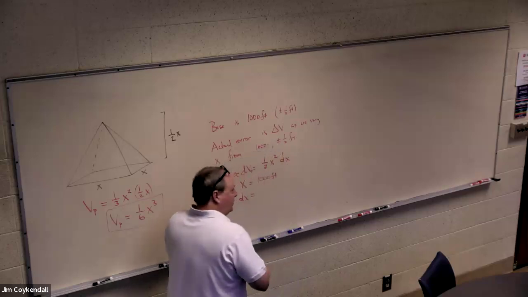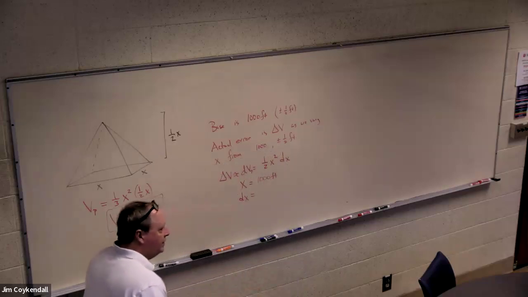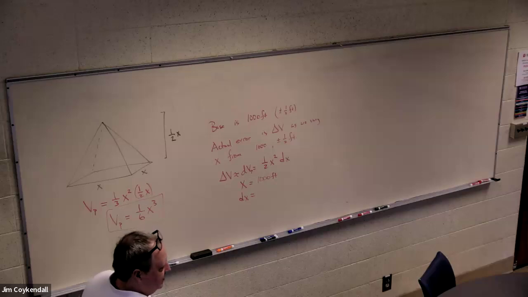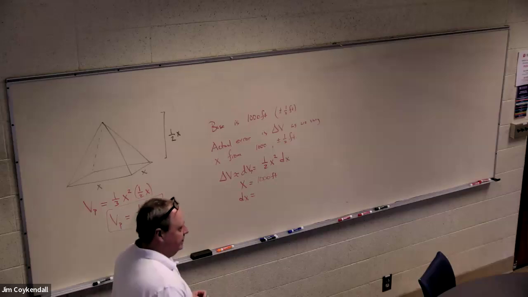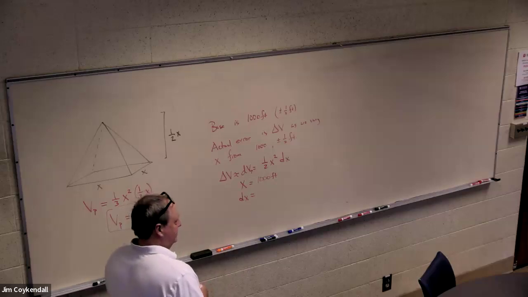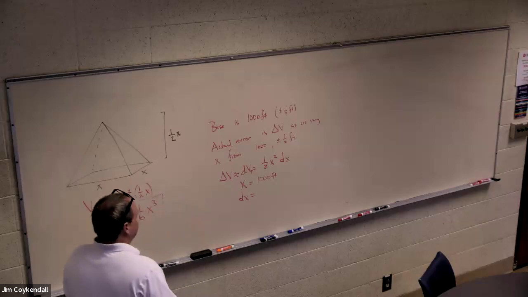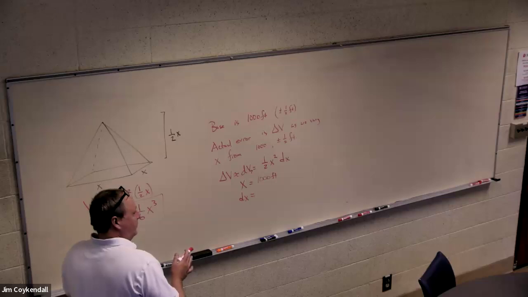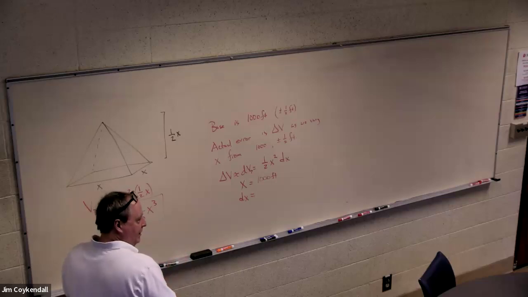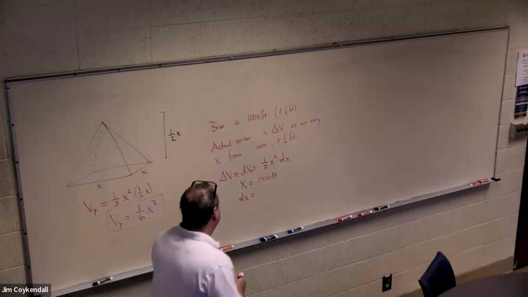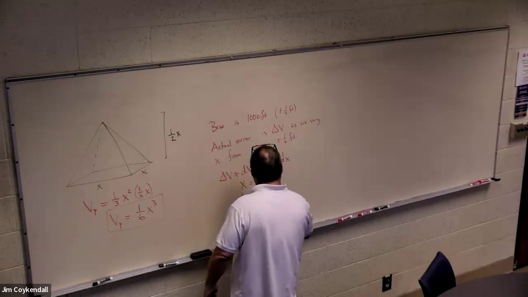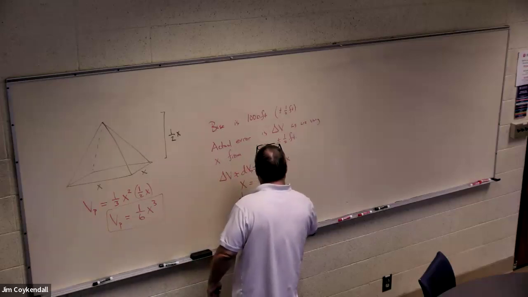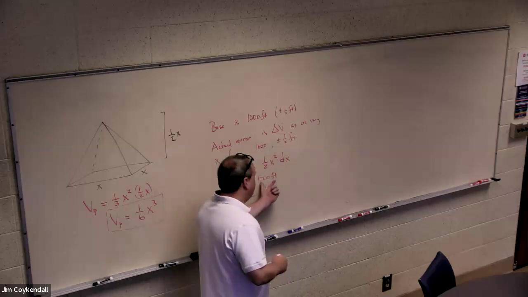And what's dx? This is the change. 1,000 feet is what we measure, but how much can we miss by? It's plus or minus 1/2, because this is how the x changes.